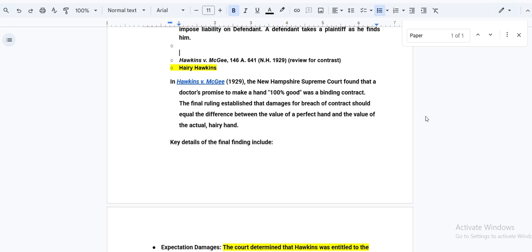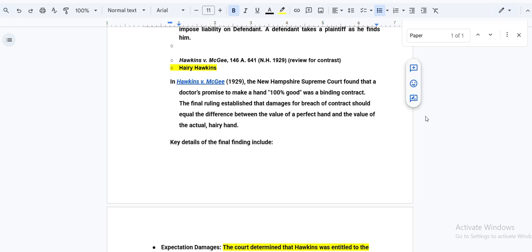In fact, it was the doctor, the defendant, who had sought after making this promise, wanting to do this surgery, and had solicited it. The doctor had solicited the plaintiff and guaranteed this outcome.